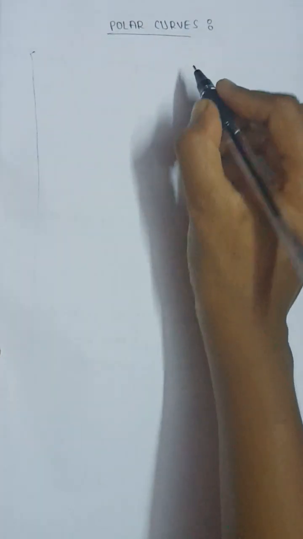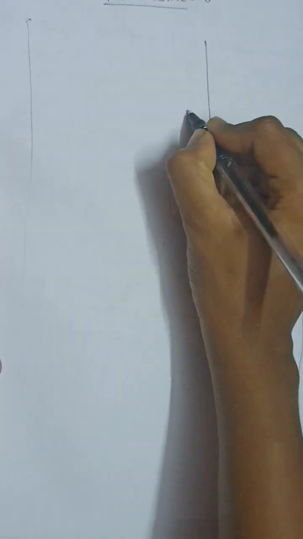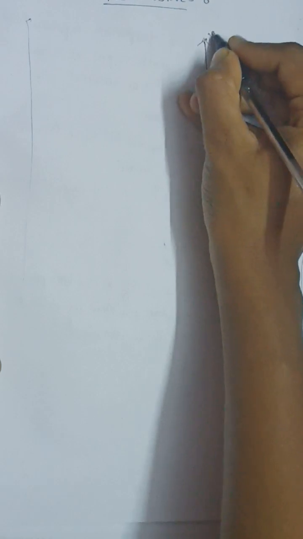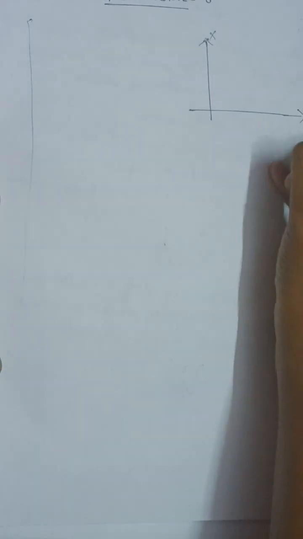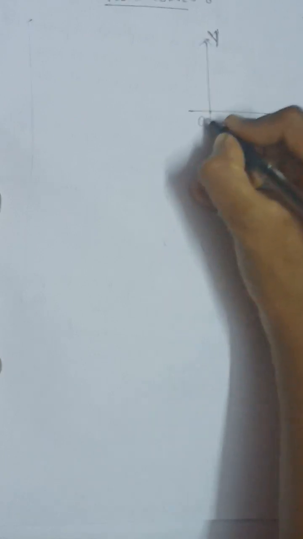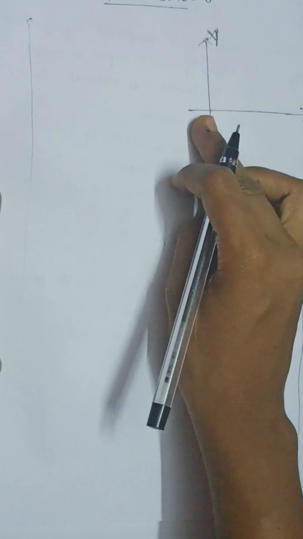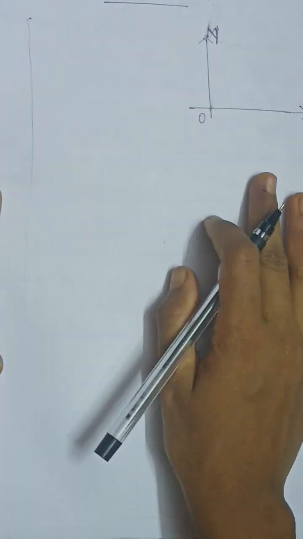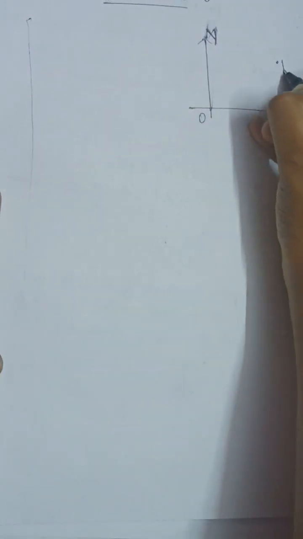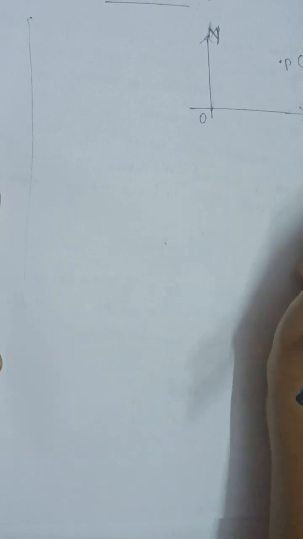So for that, this is the x and y axis. This is the initial point. From the initial point, this is the x axis and this is the y axis. Let us consider a point P with the coordinates r comma theta.